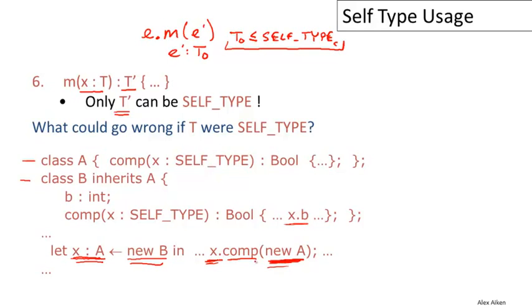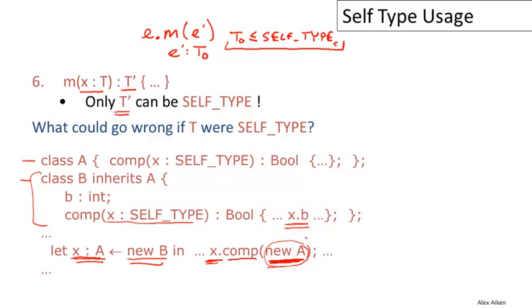Now let's think about what happens when it actually executes. It's going to invoke the comp method in the B class, because x is of dynamic type B. Then it's going to take the argument and access its b field. But the argument is of dynamic type A and has no b field. And so this is actually going to cause a runtime crash.